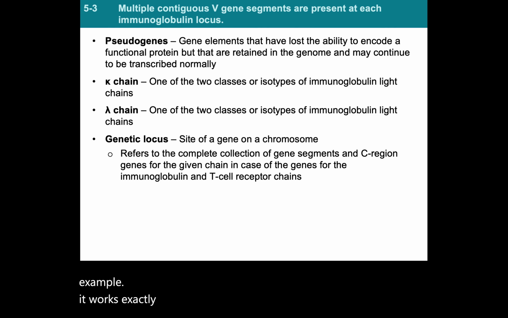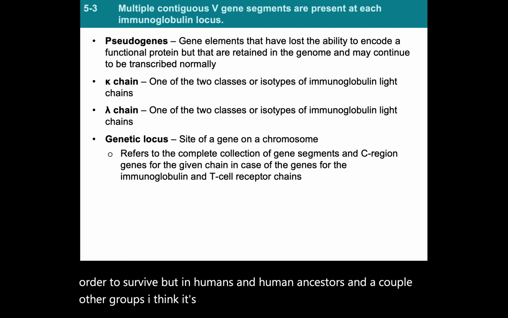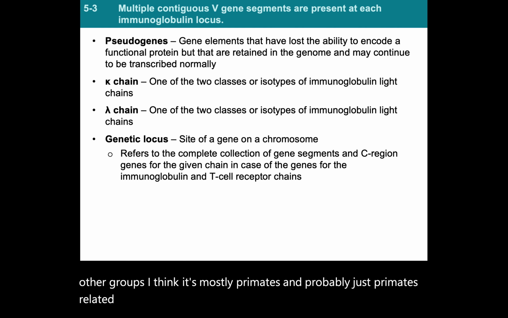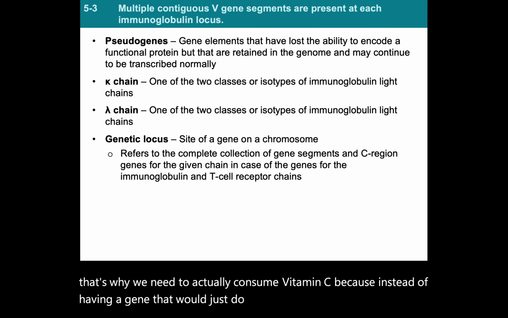And so whales don't have to eat vitamin C in order to survive. But in humans and human ancestors and a couple other groups, I think it's mostly primates related to us, the vitamin C synthase gene is actually broken. And so that's why we need to consume vitamin C, because instead of having a gene that would just do that for us, we have a pseudogene.